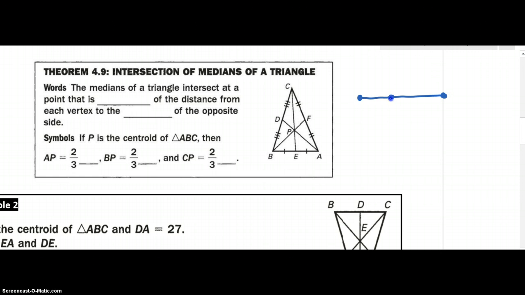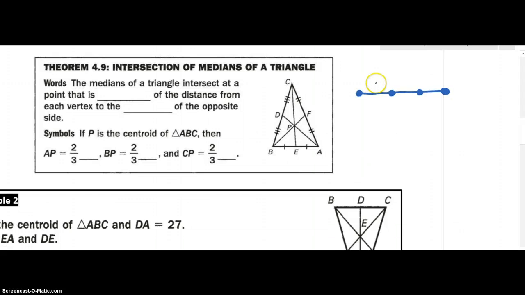And I'm going to divide it into 3 equal pieces. So there are 3 equal pieces of this segment. They have the same length. So you can say that I divided the big segment into what? 3, right? What's another word for 3? I divided it into thirds, right?